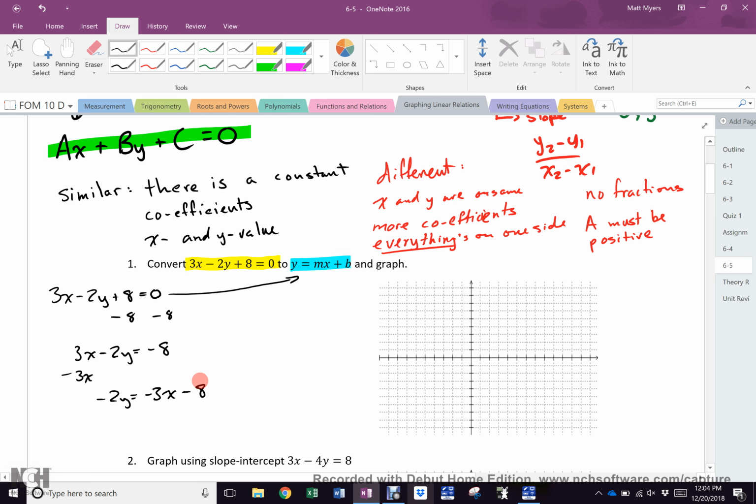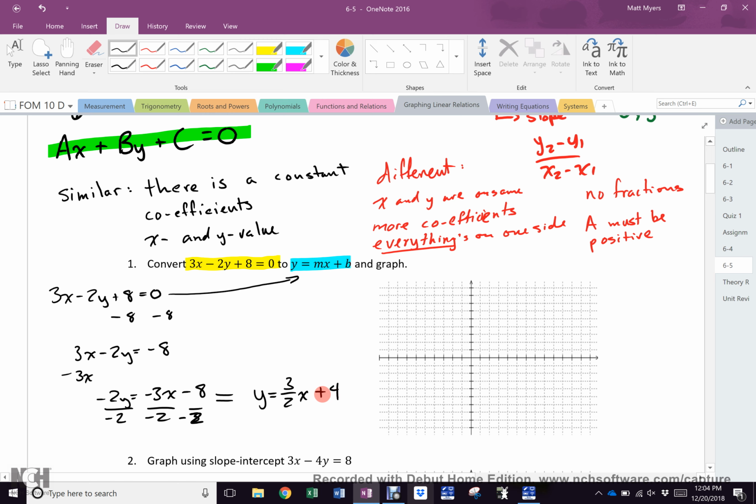Ariana, you were the third person giving me steps. What would you do now? Divide everything by -2, because we want to isolate y. So what will that give me for a final answer? Y equals positive 3 halves x plus 4.